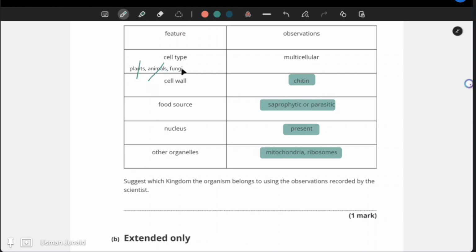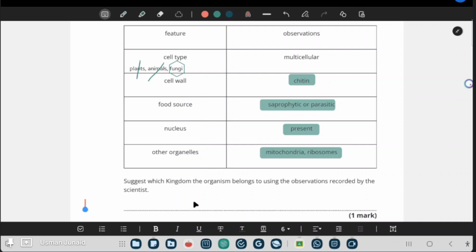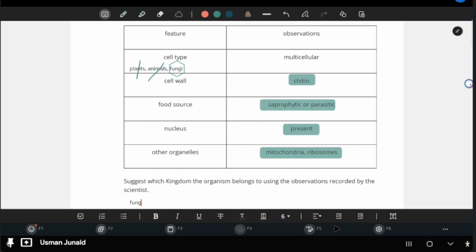So the only thing left is fungi. The answer is fungi.